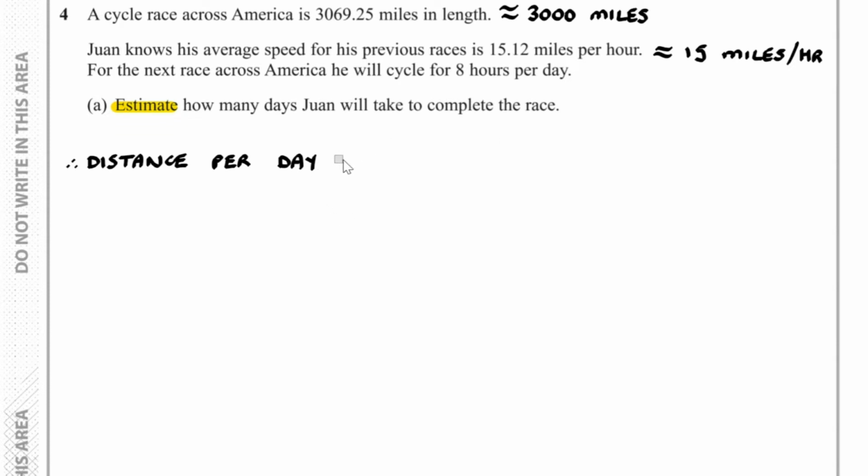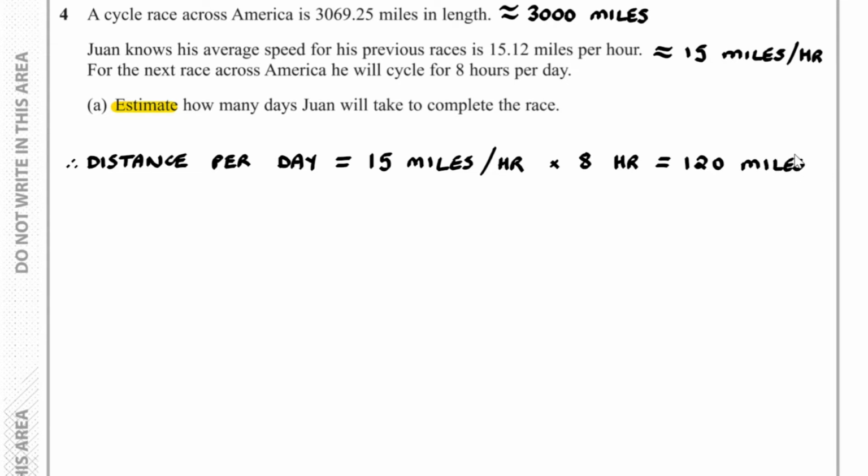If we find the distance per day, we have 15 miles per hour multiplied by 8 hours. And it turns out the distance per day then is 120 miles.